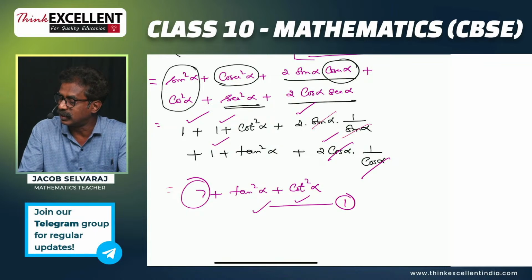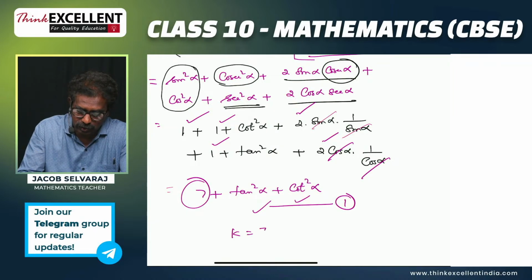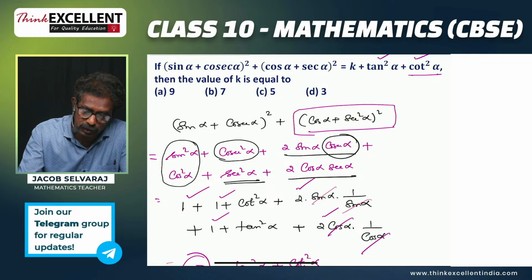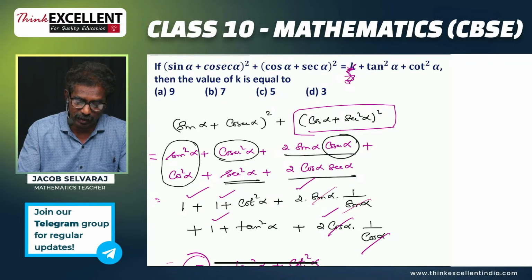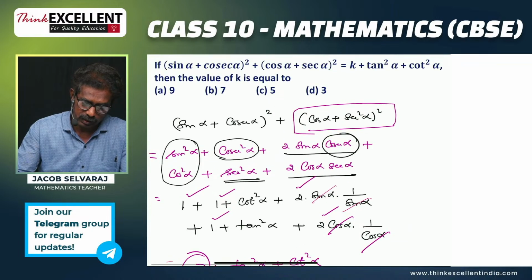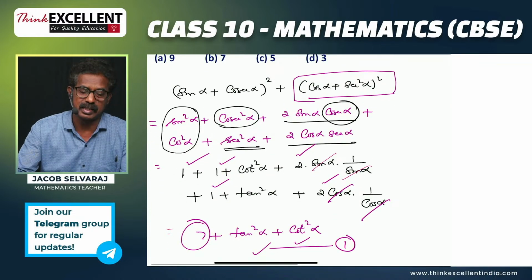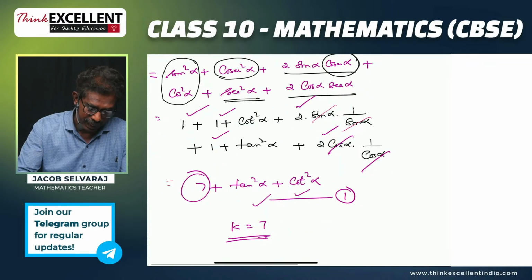So your answer is k is equal to 7. But sometimes, dear students, they will ask you to prove this question. Prove that this is equal to 7 plus tan square alpha plus cot square alpha. Okay, so the question can be asked in different ways. Hope you understood this. Just expand it, then give the changes. Okay, depends on the answer.